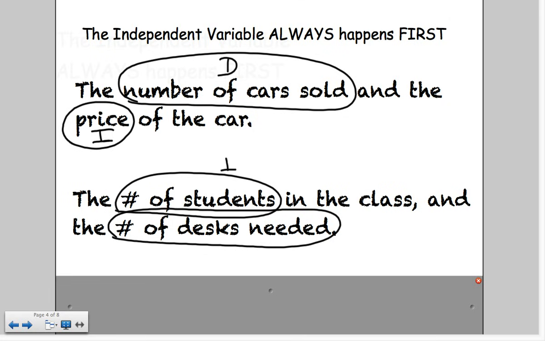So the independent variable is the number of students, making the dependent variable the number of desks needed. And this makes sense if you think about it, as the number of desks needed depends on the number of students you have. Now the relationship in this example is the more students you have, the more desks you need. The fewer students you have, the fewer desks needed.